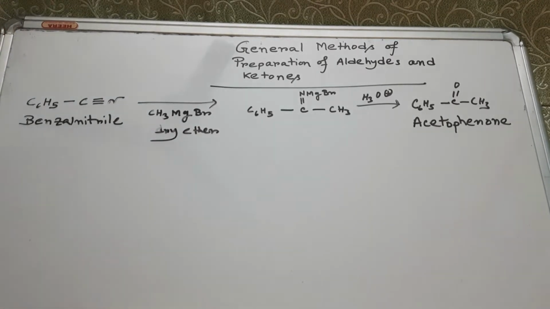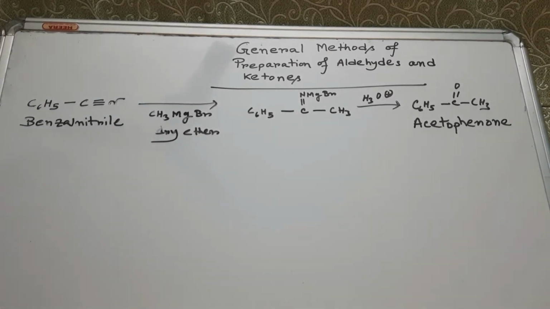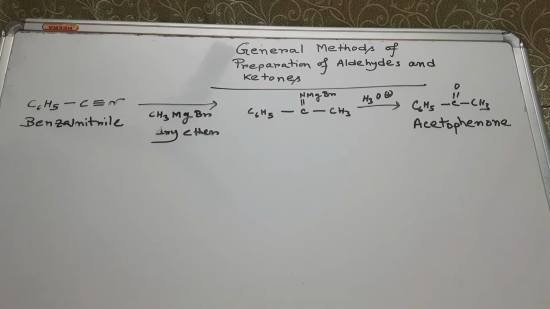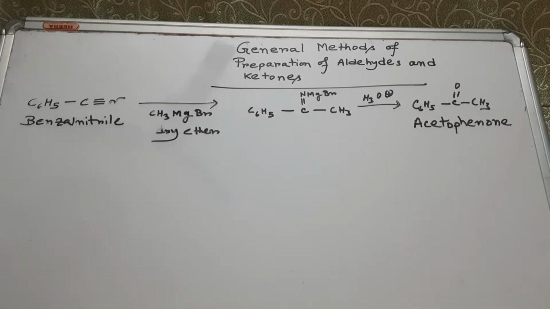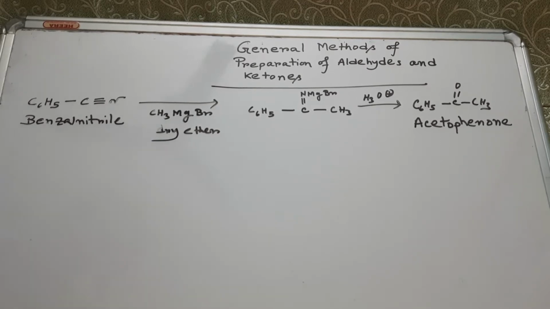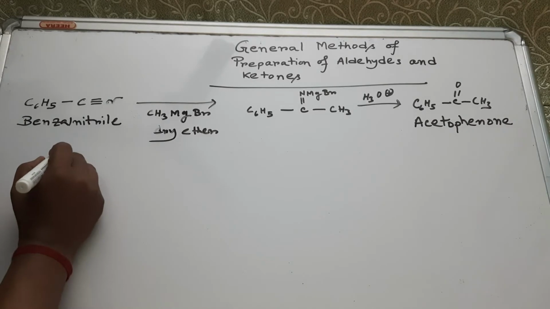So, in case of ketone, the reaction should be started from the alkyl nitrile or aryl nitrile. But if you want to prepare aldehyde, you should start the reaction from HCN, hydrocyanic acid.